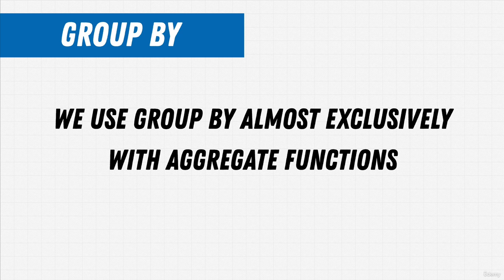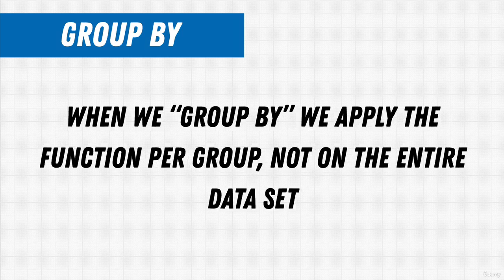You wanted to know the highest salary in that group. You wanted to know the amount of employees in that group. There's many questions you can ask here. When we group by, we apply the function per group. This is very important conceptually to remember. When we group by, we apply the function per group, not the entire data set.